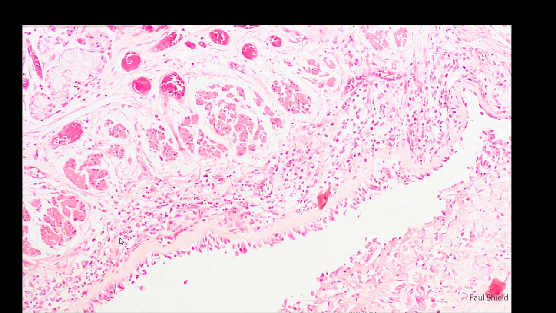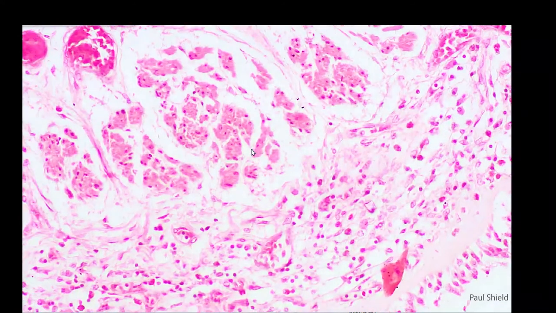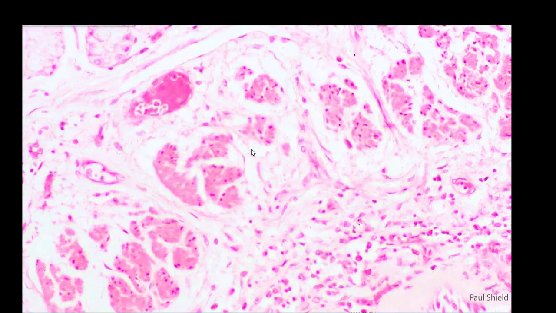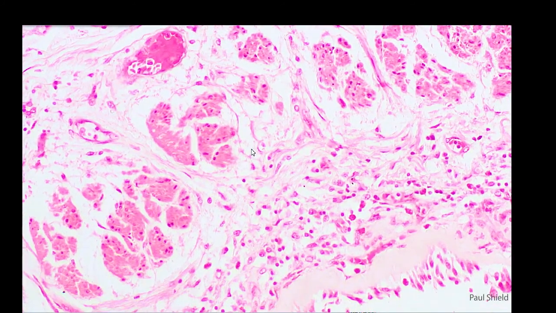The smooth muscle has undergone hypertrophy, and that's due to increased use of the muscles and the contraction that happens in the attacks with asthma. So smooth muscle hypertrophy, and that's smooth muscle in little bundles of cells.